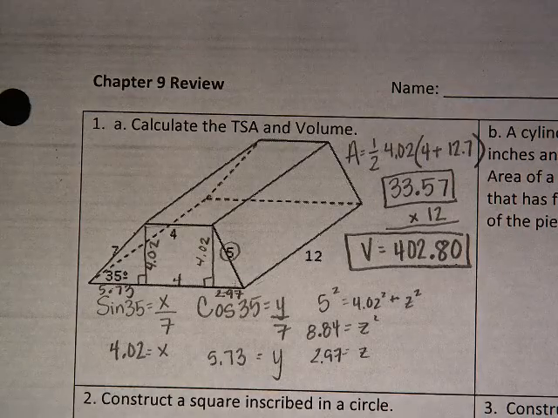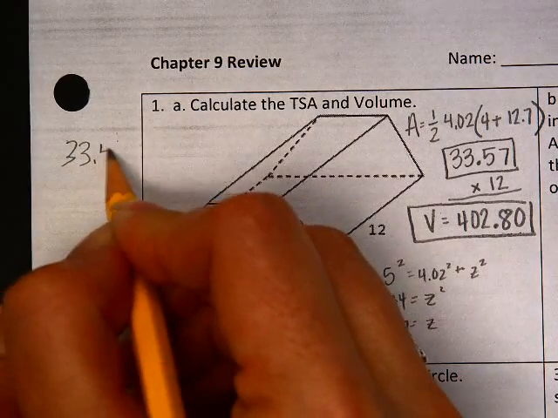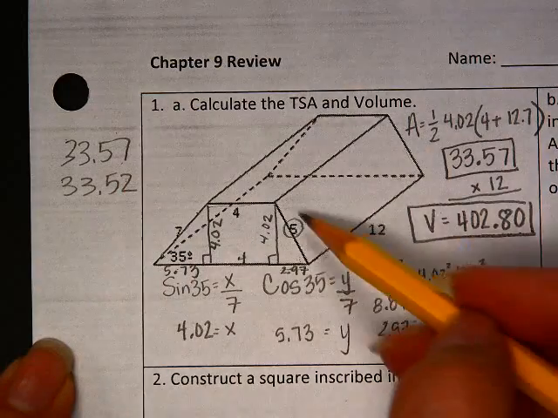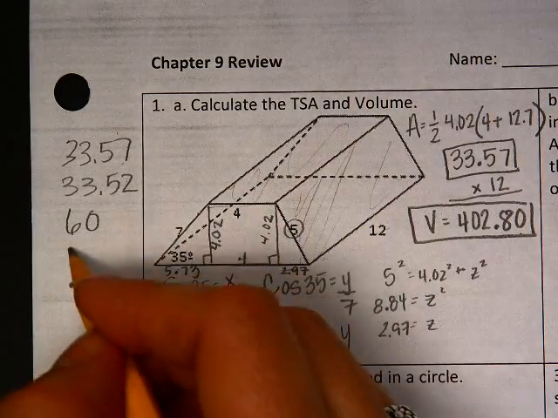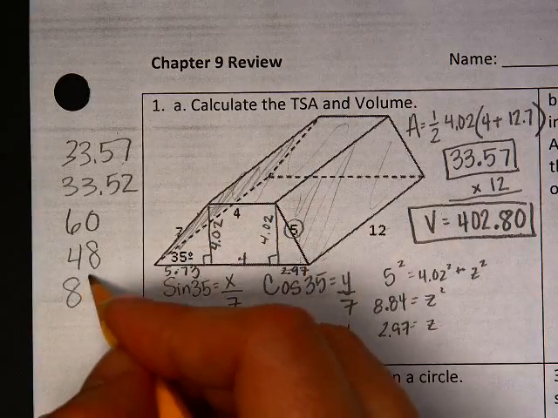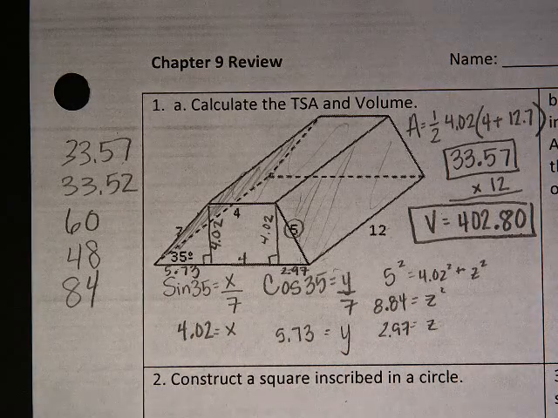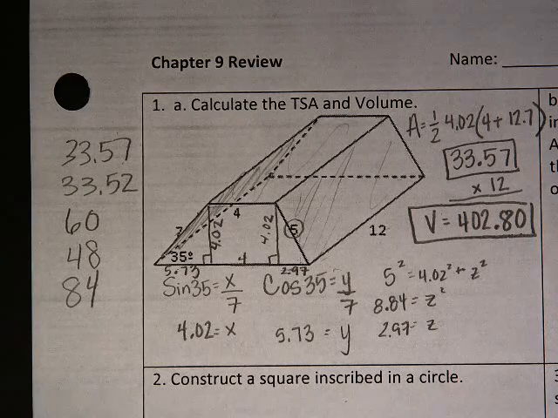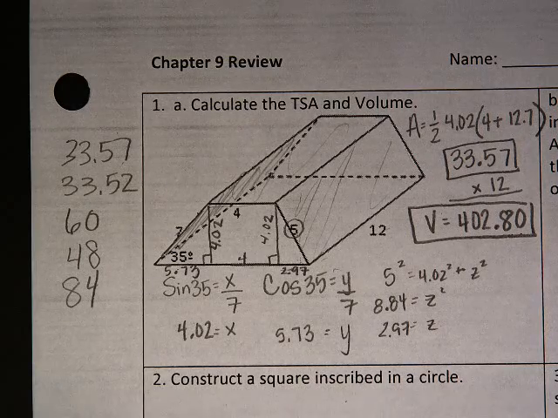Now, for my total surface area, the nice thing is I already have two of my surfaces. I have my front and my back. And I have this face here, which is 5 times 12 is 60. I have the top, which is 4 times 12, which is 48. I have this side over here, which is 7 times 12, which is 84. And then I have the bottom, I already lost what that was, so 5.73 plus 4 plus 2.97 times 12.